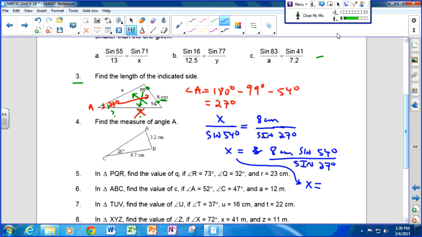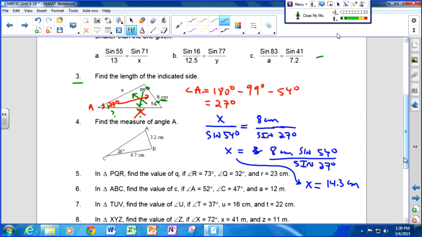X equals, and it's going to be a length in centimeters, because that's the units we're using. So it's 8 times the sine of 54 divided by the sine of 27. Okay, and so I get 14.3 centimeters. That's it, 14.3 centimeters.